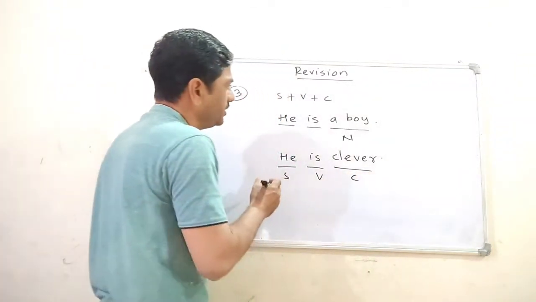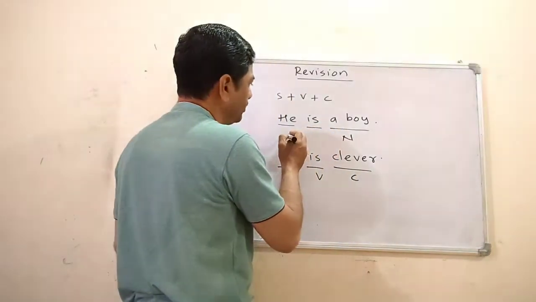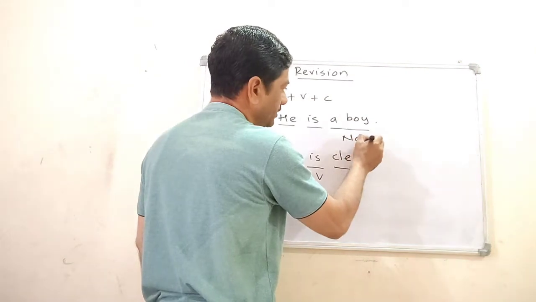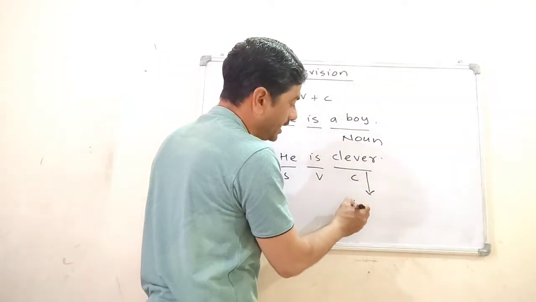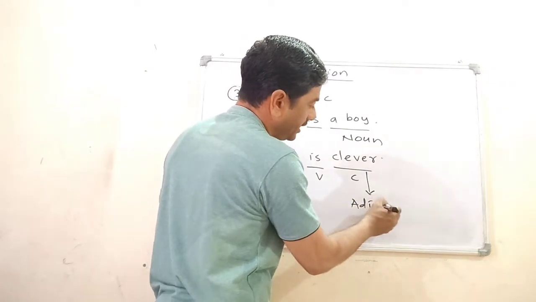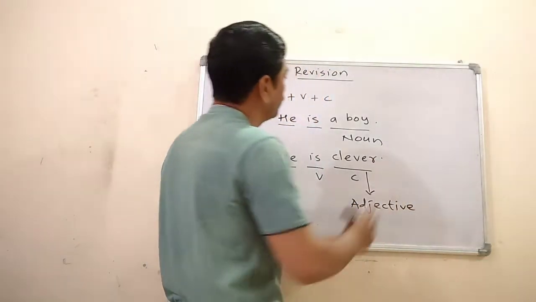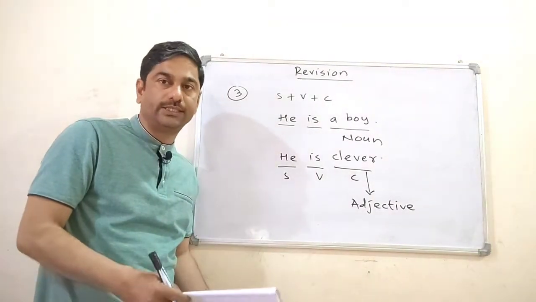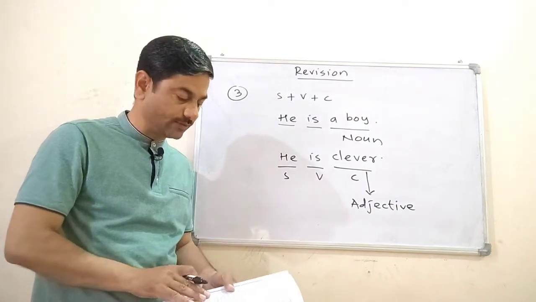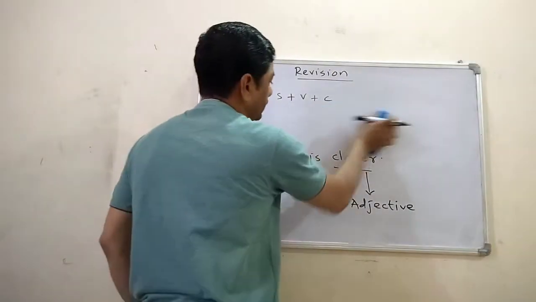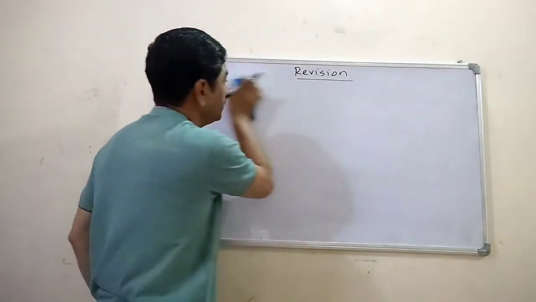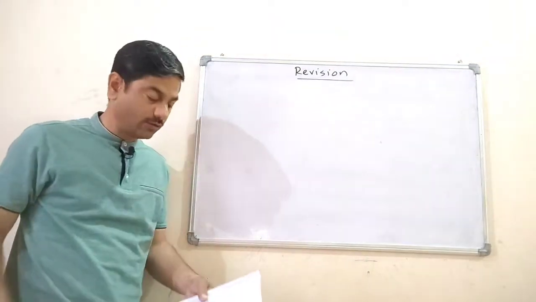Here the word clever is an adjective. So this structure we studied: subject plus verb plus complement.